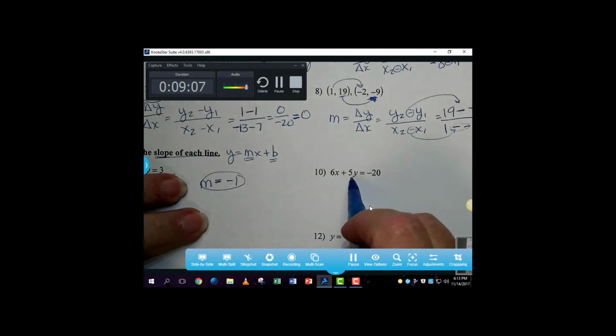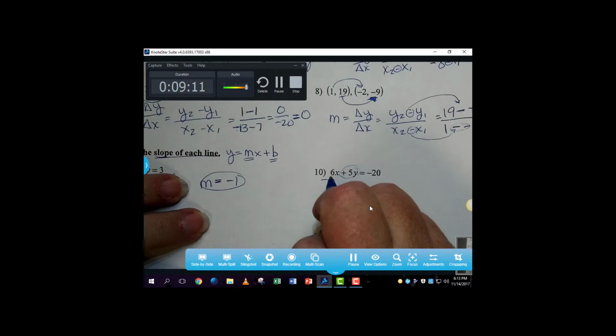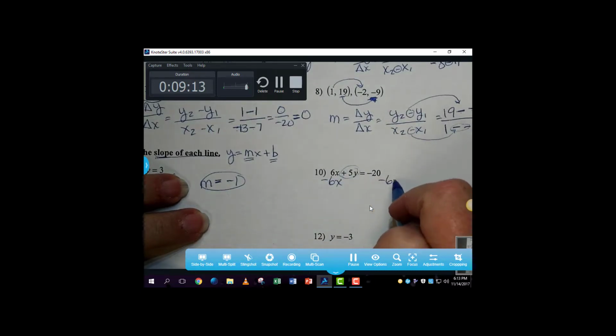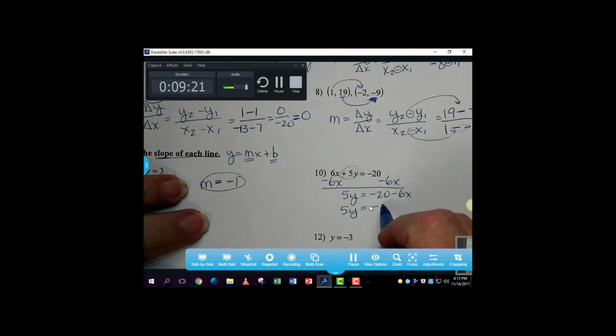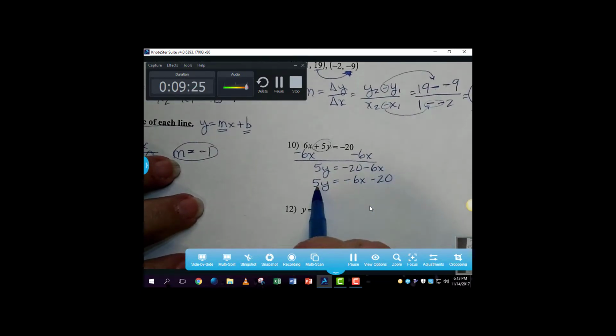Number 10, I'm going to solve for y. So I need to isolate the 5y. I need to eliminate the 6x. So I will get 5y equals negative 20 minus 6x. Or you could say 5y equals negative 6x minus 20. Does not matter. But I don't need this to be 5. I need that to be 1.